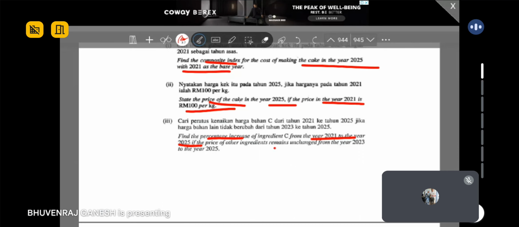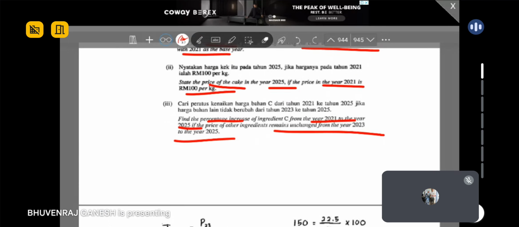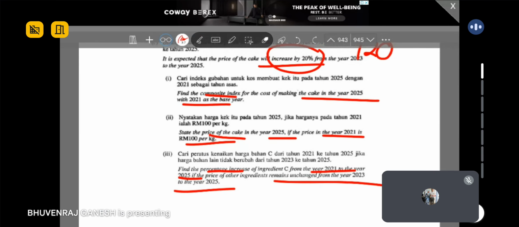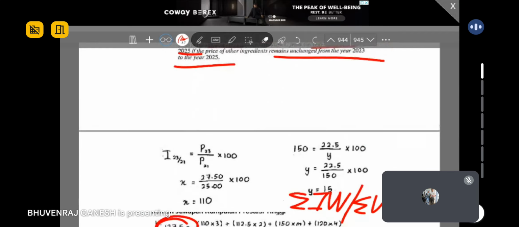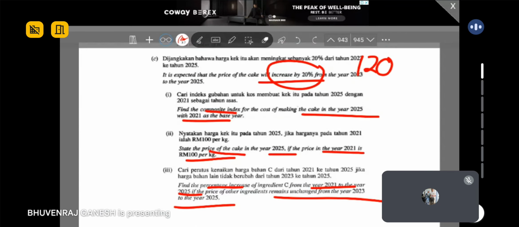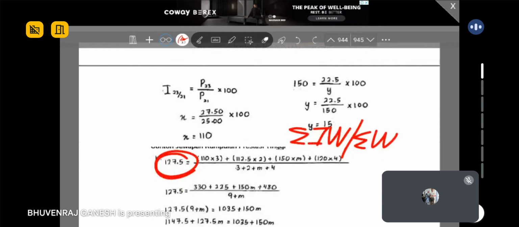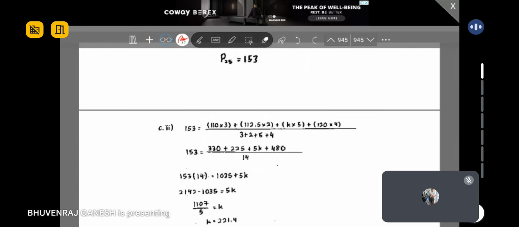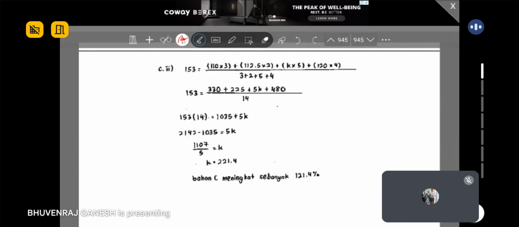Okay, and then they say the price remains unchanged. Okay, so first of all, you must use your composite index formula. Okay, guna rumus index gubahan. Okay, so for C3, you must use the answer in C1. Okay, which is 153. Okay, and then it's equal to index times weightage over sum of weightage. Okay, so you find the K value first.